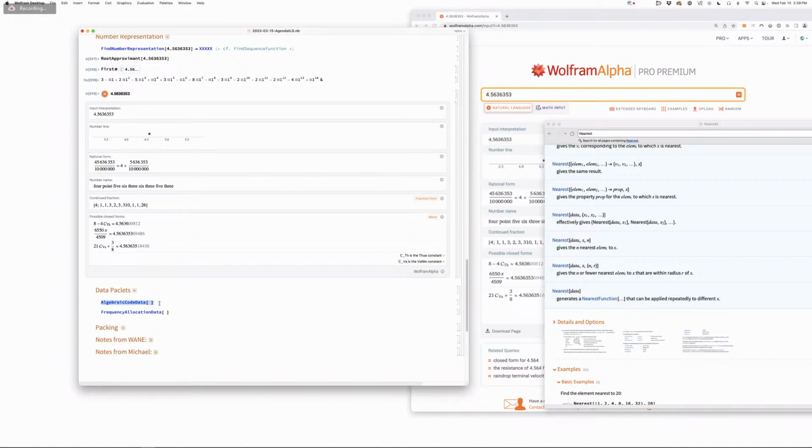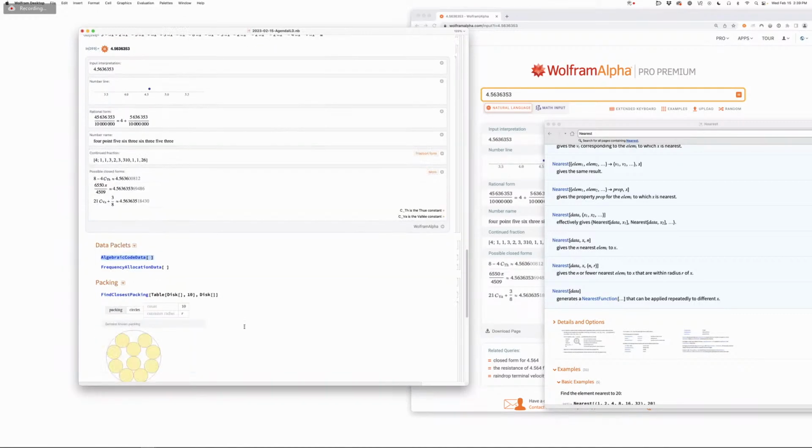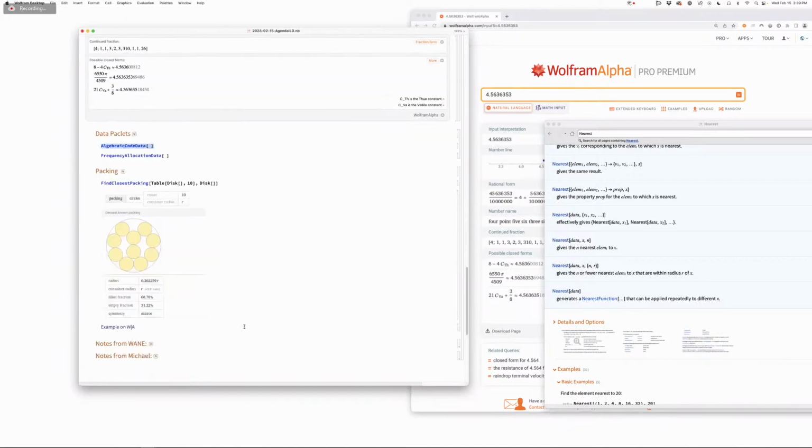Am I rolling here? Anybody here who can represent AlgebraicCodeData? That's an Ed Pegg production, as I recall. I think Michael's the missing piece for all of this stuff, sorry to say. Well, algebraic codes, I'm not sure that's Michael particularly.